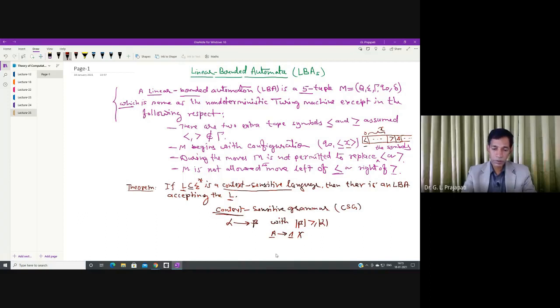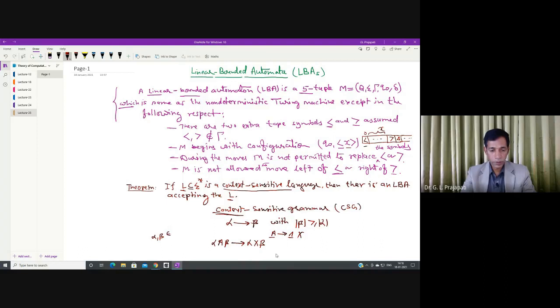In a more general way, you can write the rules more clearly like this: alpha A beta is replaced with alpha X beta. Now here, alpha and beta are strings of terminals and non-terminals both.